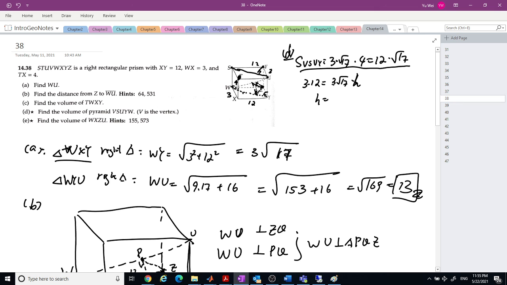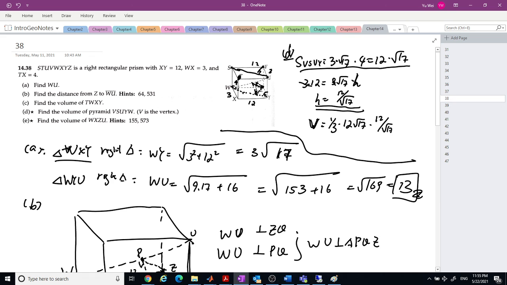Now we can solve h is 12 over root 17. Okay. Now we can solve the volume, right? It is equal to 1/3 of 12 root 17 times 12 over root 17, is equal to 48.